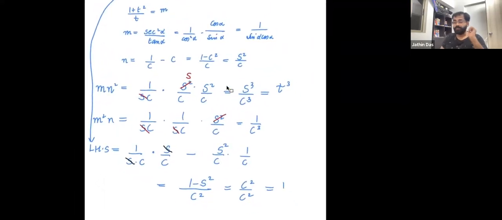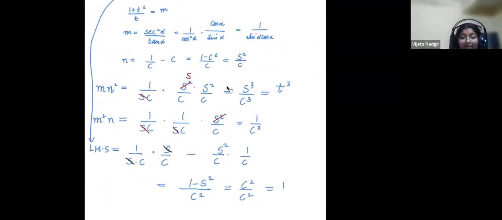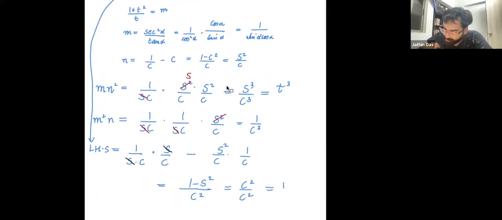Everything you wrote in sine and cos, so it is easier to understand. I actually stopped at 1 plus tan by t and 1 minus c by c, and then I just started solving that. But that also you can do, but a little problem will come in between, but still you will get the answer. There are many ways to do it. This I feel is easier, less confusion.